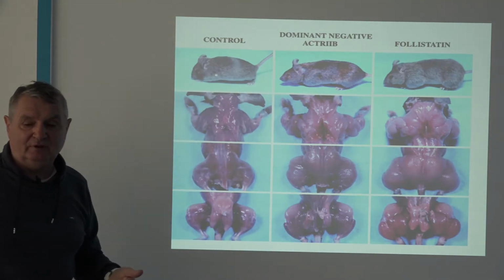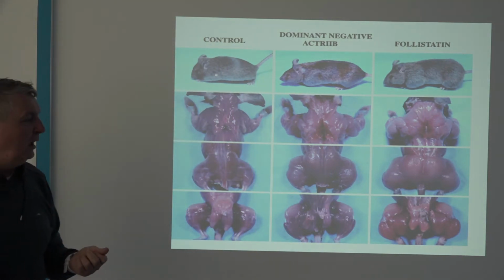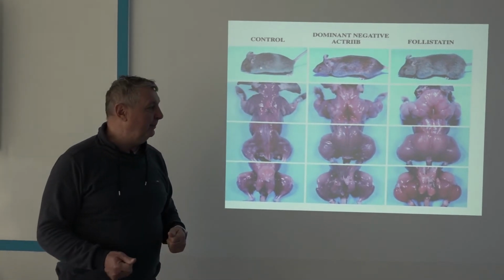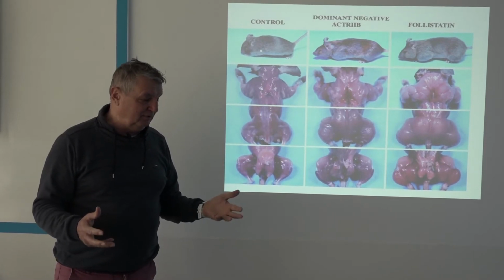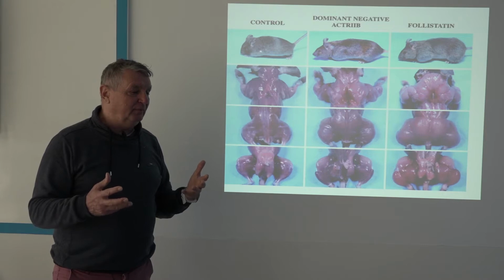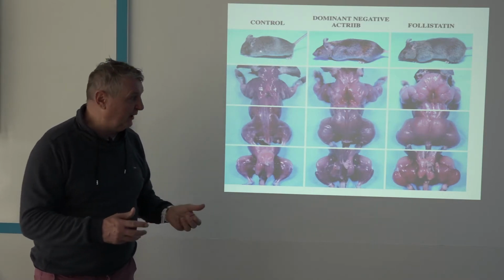Why is it so important? Because if you know what the factors are which control the mass of the muscle, the size of the muscle, if you know what the important factors are, then you can modify them.